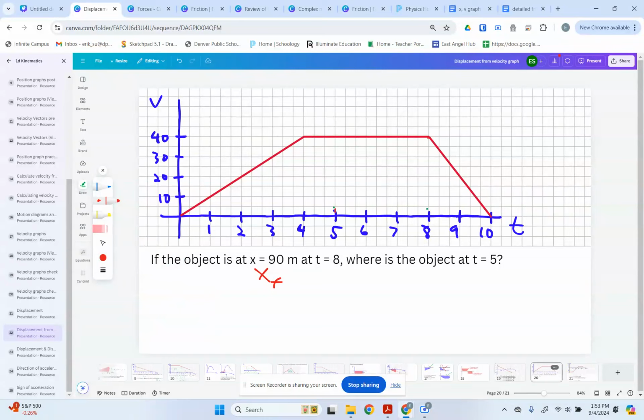So then what does that mean to you? What displacement do you need to find the times between? 5 and 8. Can you guys see that now? So that means you know, oh, I need to find out what happened displacement-wise between 5 and 8, which is then that section right there and that area right there. Why don't you go ahead and find that?